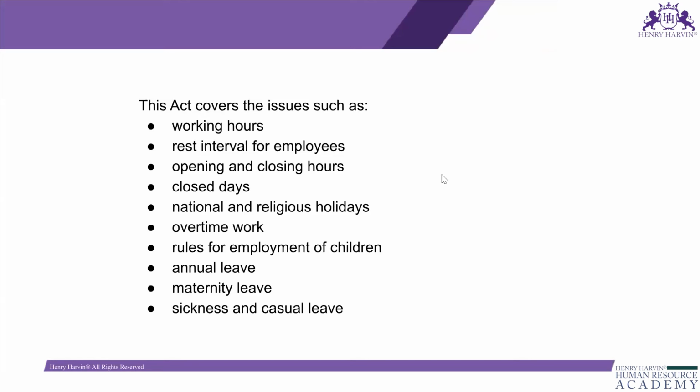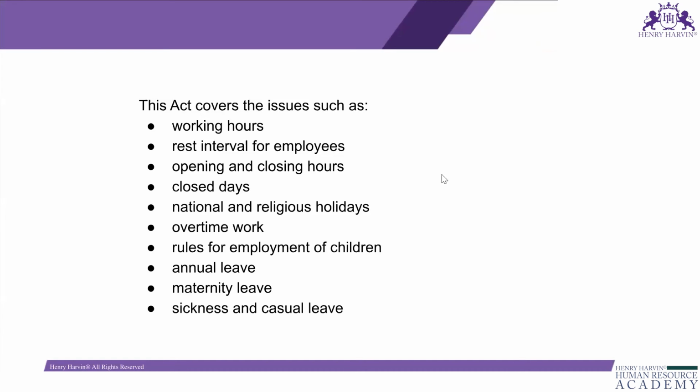Next is overtime work. The Labor Department under the Shop and Establishment Act will guide the employer on the overtime hours the employee has to work. They will give the guidelines. So for example, 75 hours in a month, the employee can work as overtime.